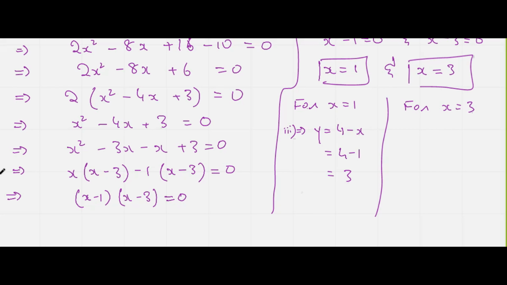So you can see my first point of intersection of that quadratic equation and linear equation is (1, 3). Okay, and similarly here the second point is going to be (3, 1) of course. Yeah, the second point of intersection we can see here is this.